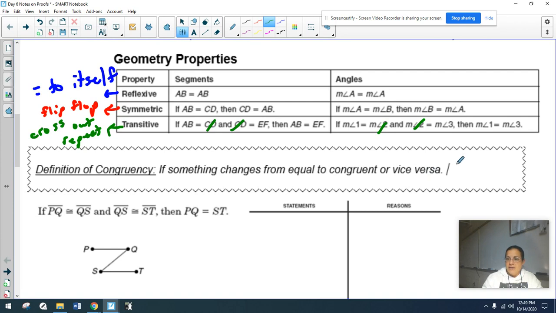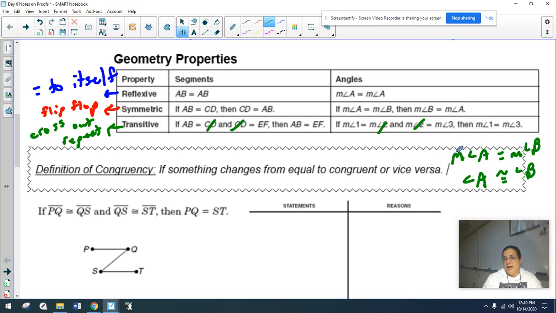So it's just saying you can go the other way as well. So if you have something like this, the measure of angle A equals the measure of angle B. And then let's say in the proof part, the next thing you see is angle A is congruent to angle B. So what they do is they change, and this is the biggest giveaway to use this, is you're going to change it either from an equal sign to a congruent sign or a congruent sign to an equal sign.